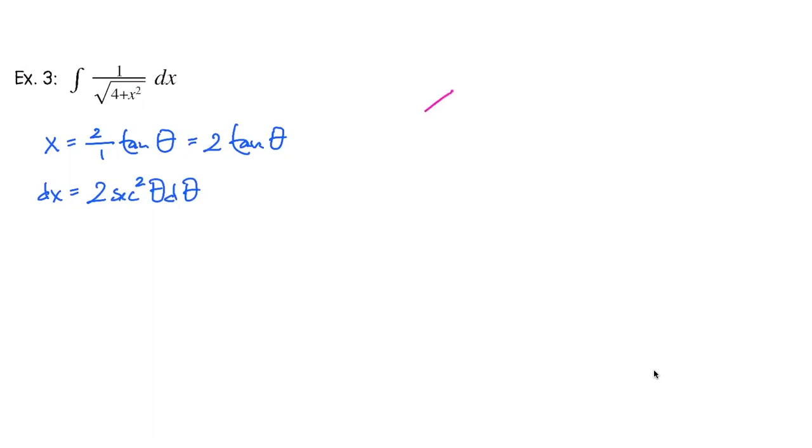You can do this next part either at the beginning or the end of a problem, wherever you feel like you'll have more brain space to do that, okay? But what we're gonna do this time, we know that tangent of theta is x over 2, okay? So that we know from our substitution. And tangent is opposite over adjacent.